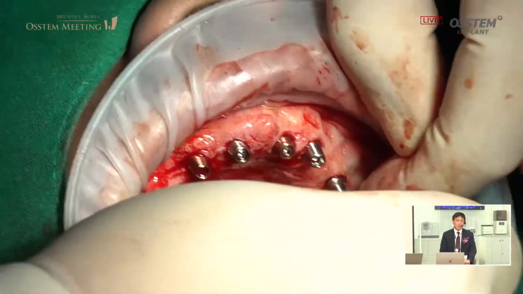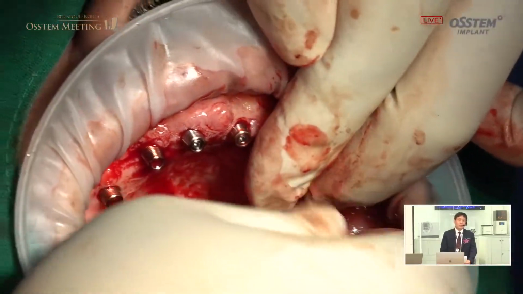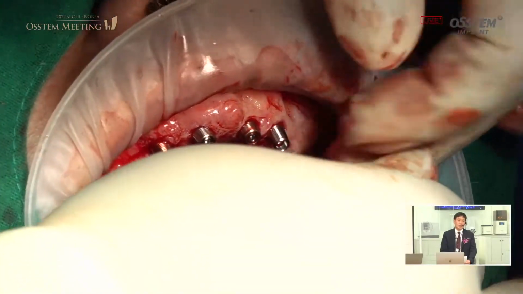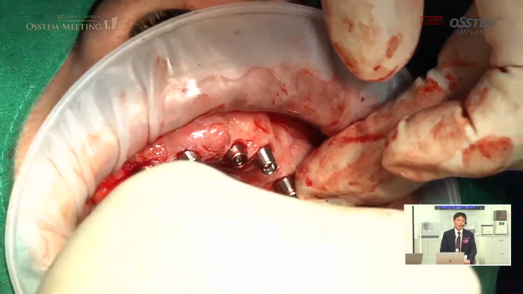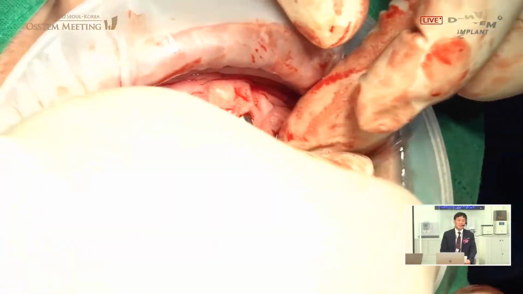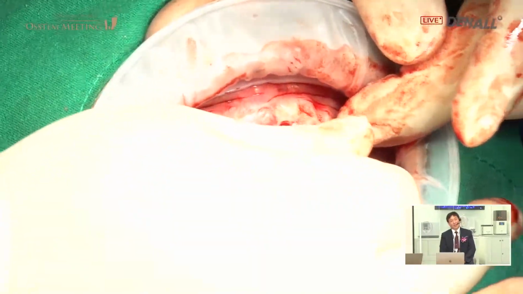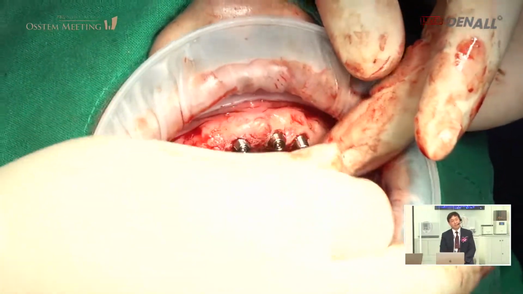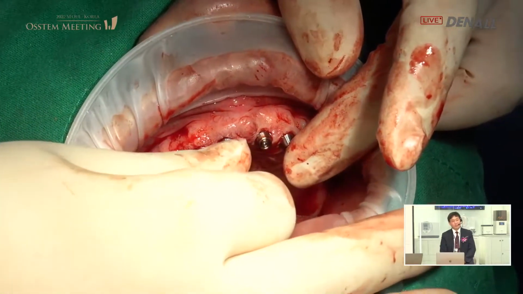So we can avoid the mistakes in the connection of a prosthesis. Now we use 5 degree ones. I trust OneGuide, so the first try in is 5 degree one as planned.